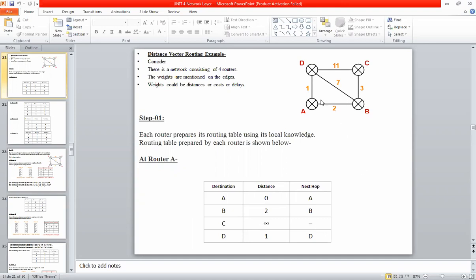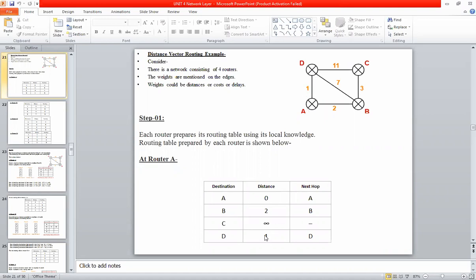There is no number of stations you are crossing for the next hop, so you have to write it as a dash. We can't consider that one as a next hop. Similarly for D. A is directly connected to D. What is the distance from A to D? That is 1.